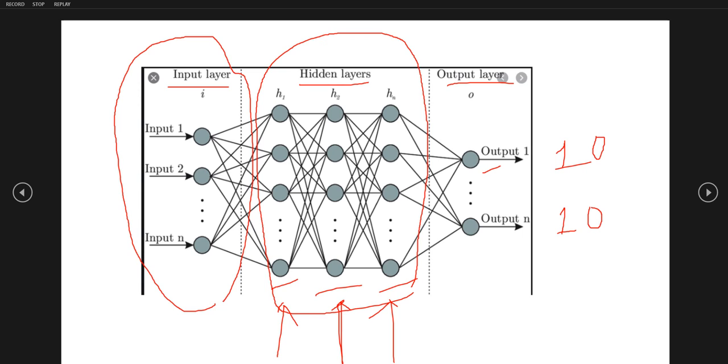For the output 1, will it rain tomorrow? A 1 is yes, a 0 is no. Will it be windy tomorrow? A 1 here would be yes, a 0 would be no, okay? So that's what the neural network should do in this case, it's this question that you're asking.